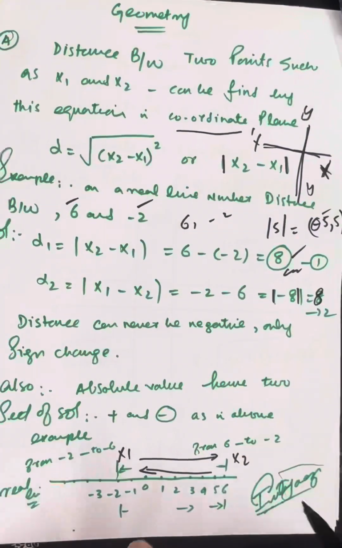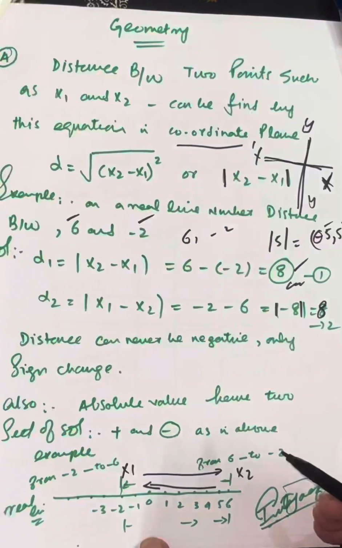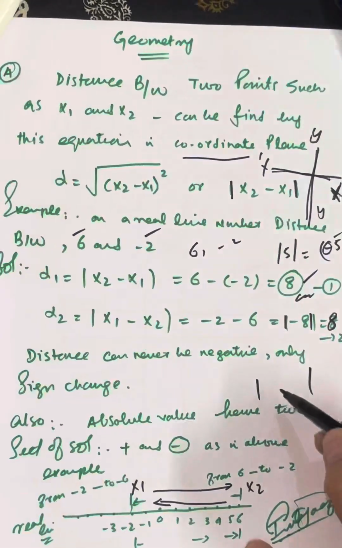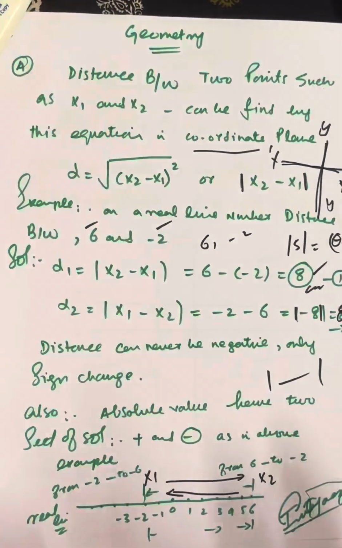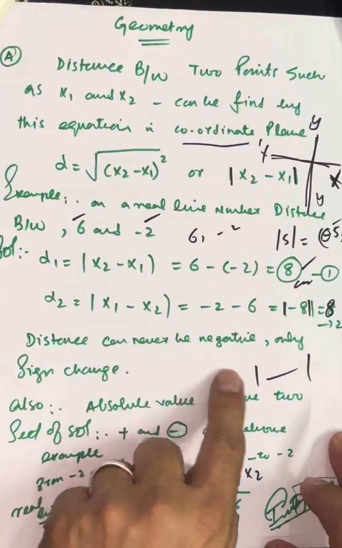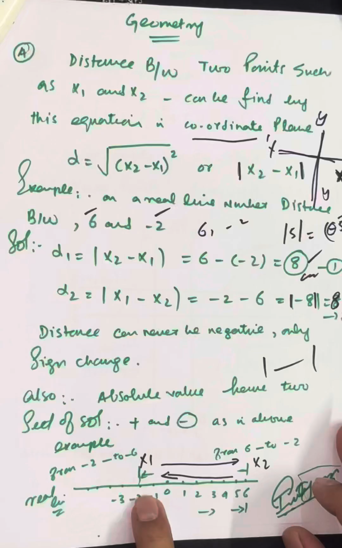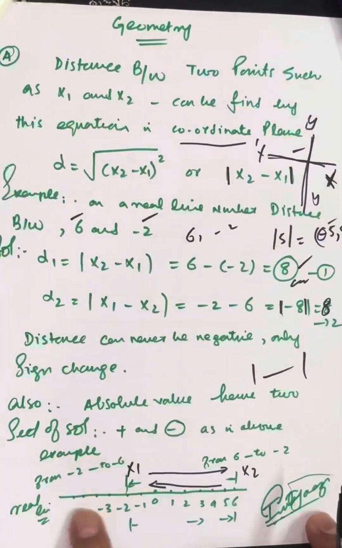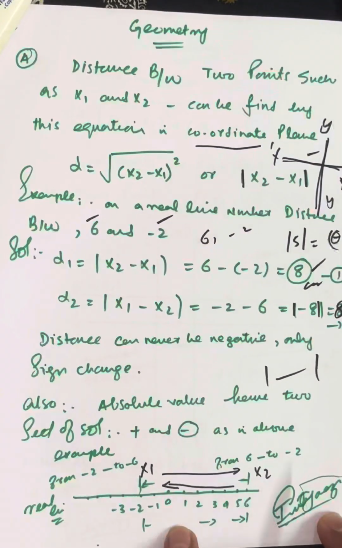So it doesn't matter if you do x2 minus x1 or x1 minus x2, until and unless it is in absolute. So in absolute we have two solutions. Distance can never be negative, only the sign can change. The sign is changed in this coordinate system, but the distance remains the same.